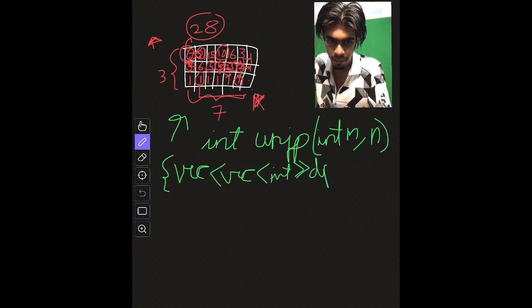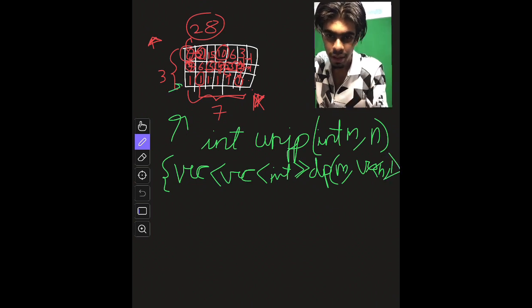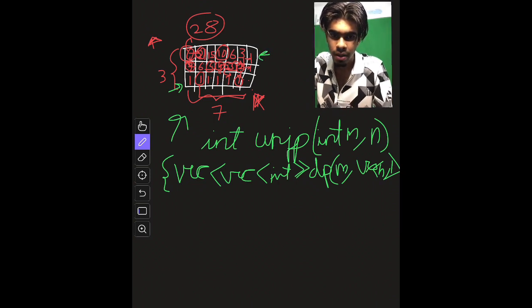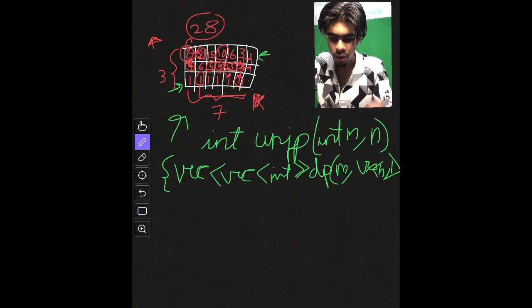Let's just name it dp or whatsoever, and then I'm gonna have m, and inside that also I'm gonna have vector of n, and I'm gonna fill it all with 1. You see why I'm filling it all with 1? Because I won't mind having everything 1, because when I start I'm gonna keep adding, and these ones will be getting added. So yeah, I've made a 2D vector that is of m cross n, and each of them I have filled as 1. This is what I have done up till now, right?